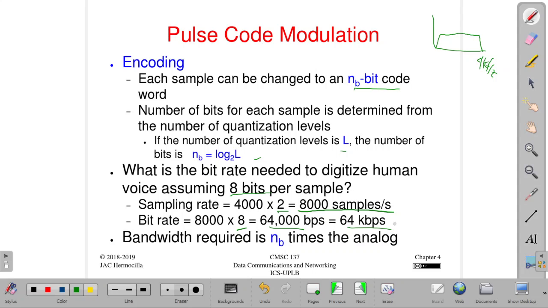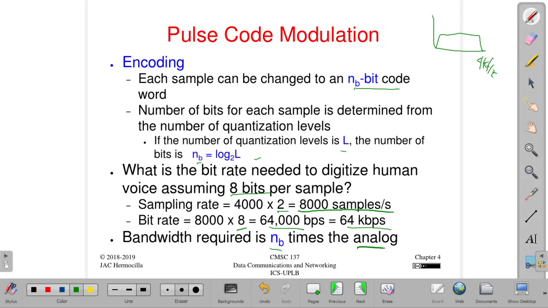So this means that in order to save your voice to the computer, when you record something, you will need at least a bit rate of 64 kilobits per second. And the bandwidth required is the number of bits, right, times the bandwidth of the original analog signal.